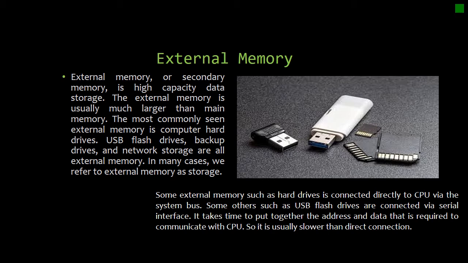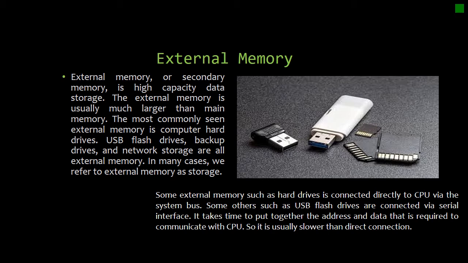External memory or secondary memory is a high-capacity data storage. All of you are familiar with this type of memory. The external memory is usually much larger than the main memory. The most commonly seen external memory are computer hard drives, USB flash drives, backup drives, and network storage. In many cases, we refer to external memory as storage.